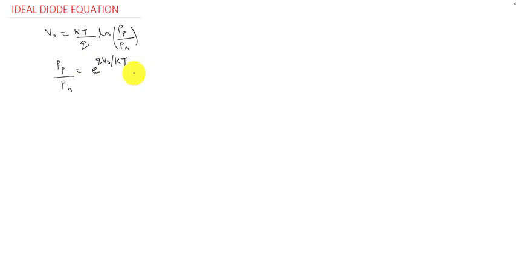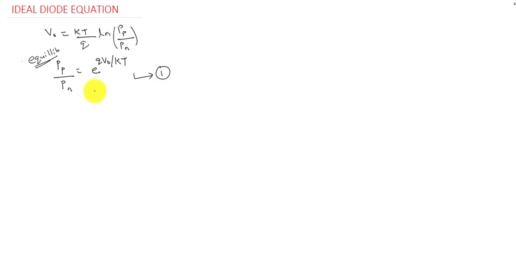We can call this equation 1. This is the equation for contact potential under equilibrium condition.